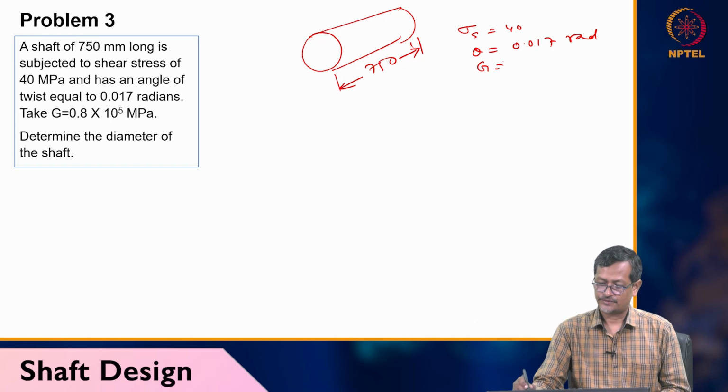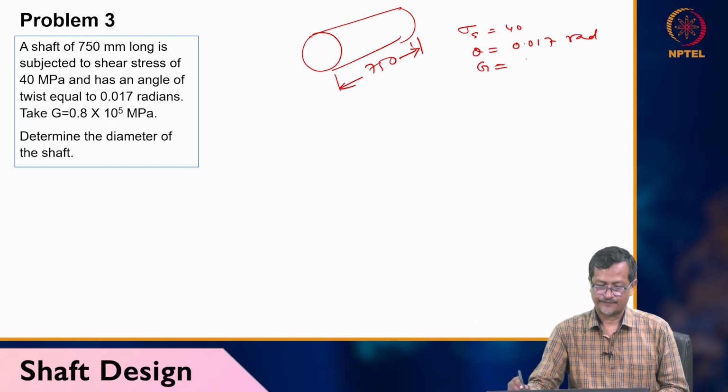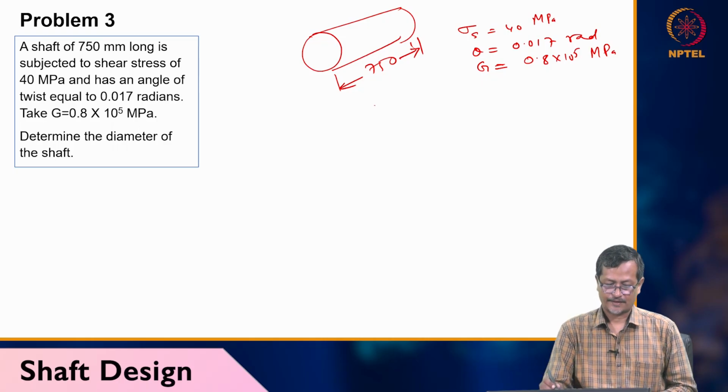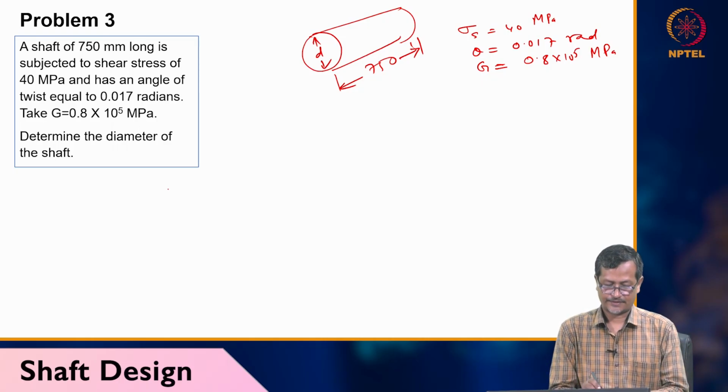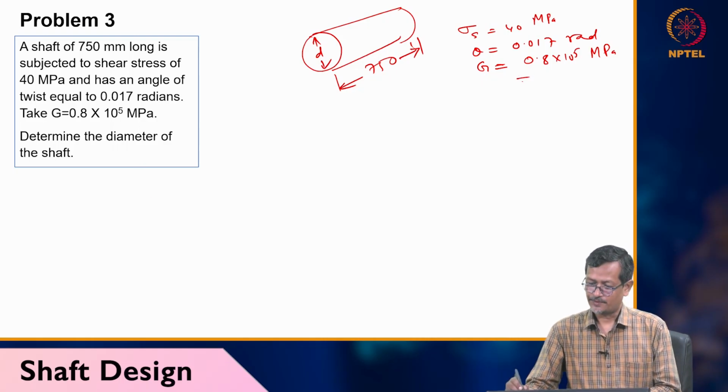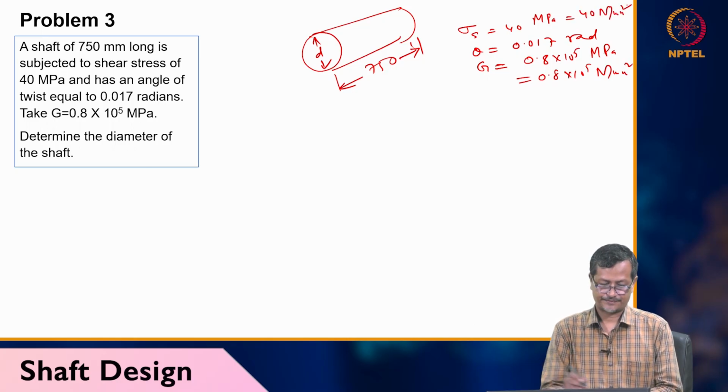The modulus of rigidity G is 0.8 into 10 power 5 MPa, and you have to calculate the diameter of the shaft D. So the modulus of rigidity is 0.8 into 10 power 5 Newton per millimeter square, and the shear stress is 40 Newton per millimeter square.